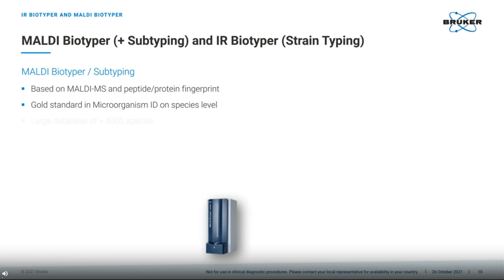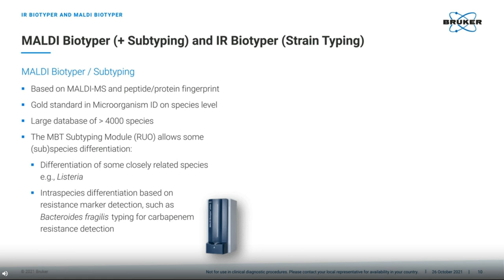It comes with a large database of roughly 4,000 species, and the subtyping module allows some subspecies differentiation, for instance for very closely related species like Listeria, and some intraspecies differentiation to detect resistance markers, for instance for Bacteroides fragilis or for Klebsiella.